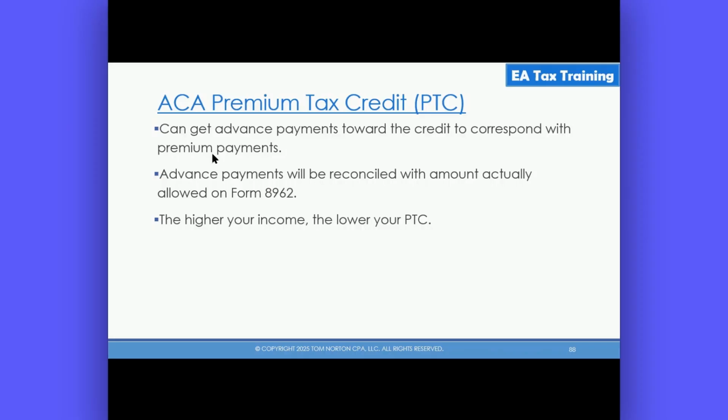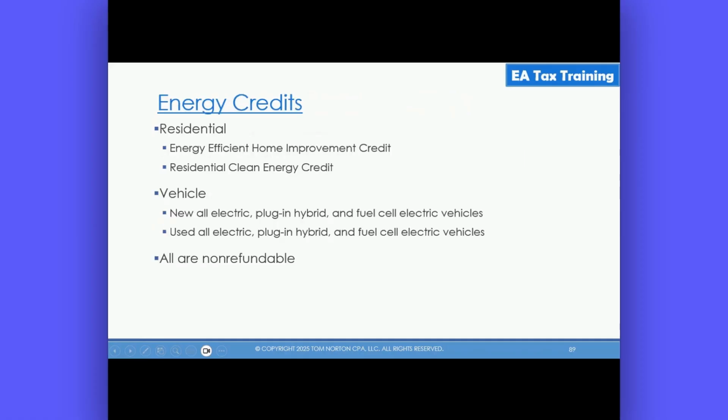You do that reconciliation on the Form 8962. And if you have to pay some of it back, that gets counted as an other tax. And then just the way this works is the higher your income, the lower your premium tax credit. So this is to help people pay for their health insurance. So the more money you make, the less help they are going to give you.